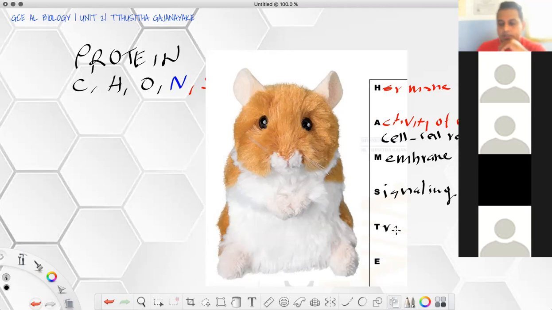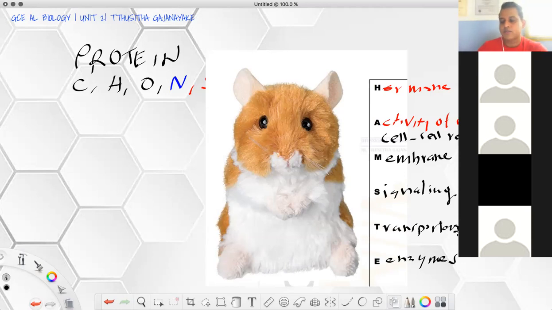Yes, transporters and also enzymes. We know that most of the proteins are enzymes, and they act as transporters. For example, if the cell is like this and there are protein molecules located on the cell membrane, they can selectively take a molecule into the cell.